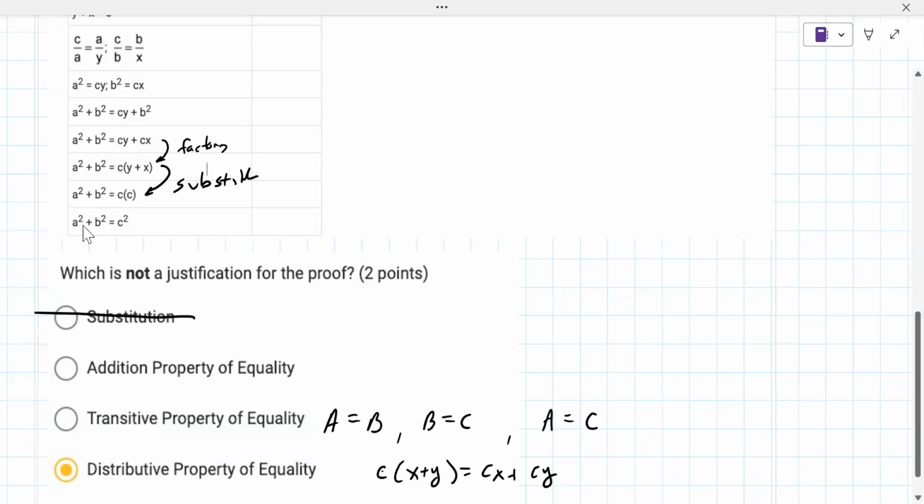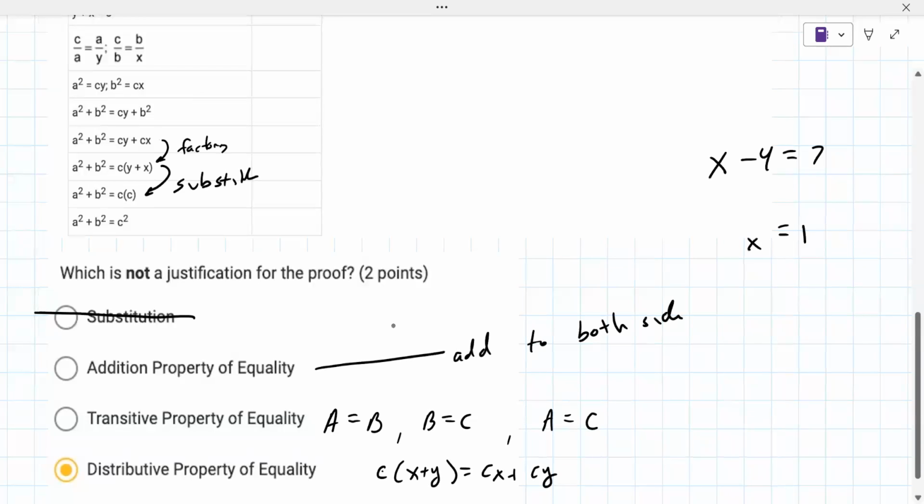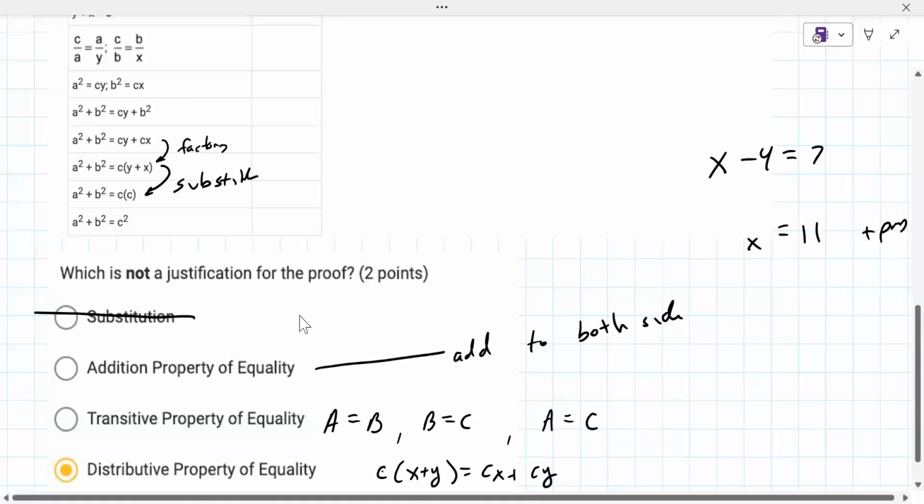I mean, you're adding all over the place on the left. So addition property of equality is when you add to both sides typically. So this is an example: x minus 4 equals 7, and then the next line is x equals 11. That's the addition property of equality. I don't see that though, truthfully.